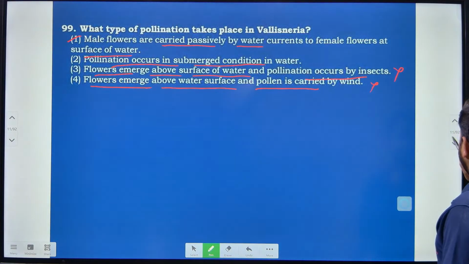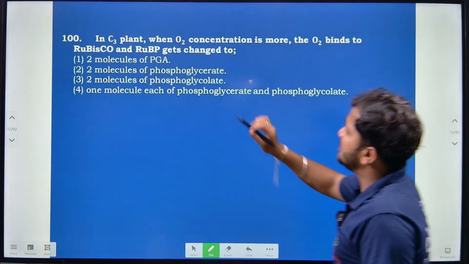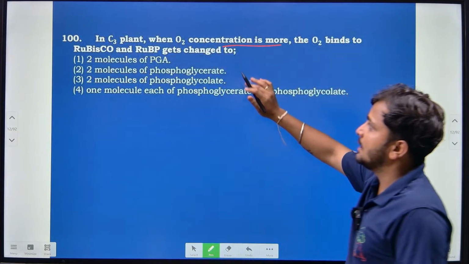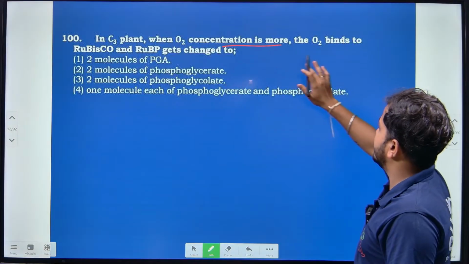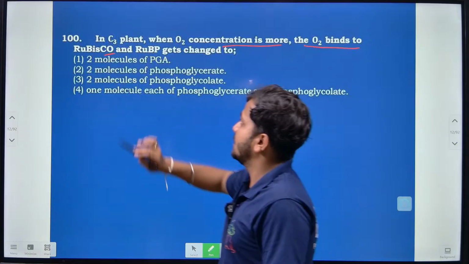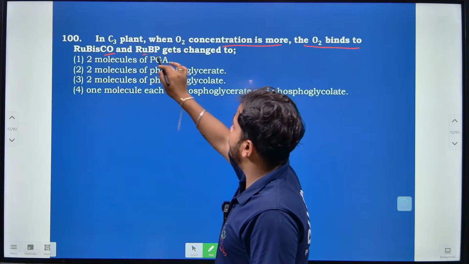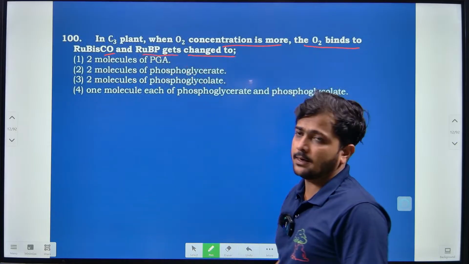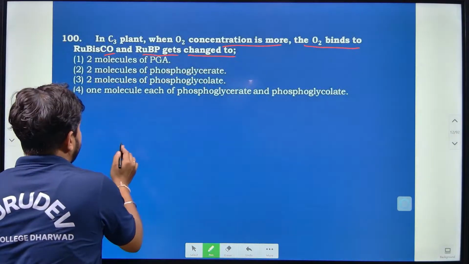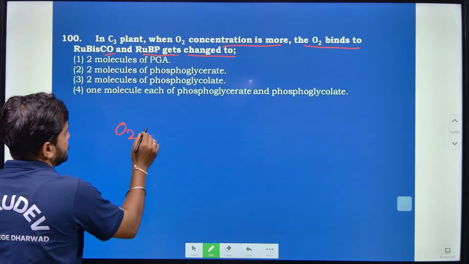Then in a C3 plant, when oxygen concentration is more, the oxygen binds to RuBisCO, right? And the RuBP gets changed. Then we have to find out here when the CO2 concentration is more.